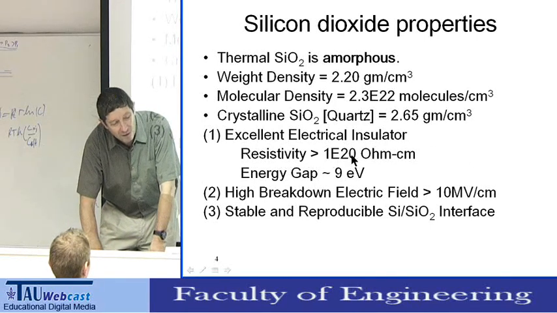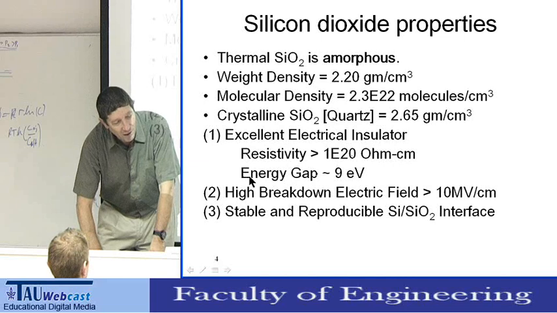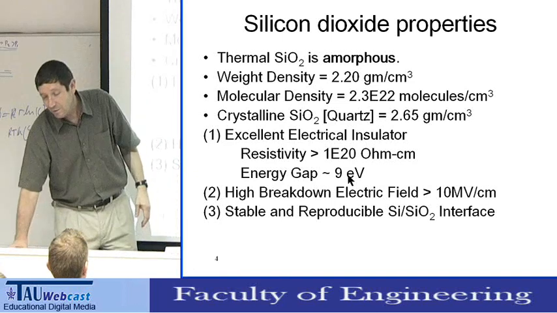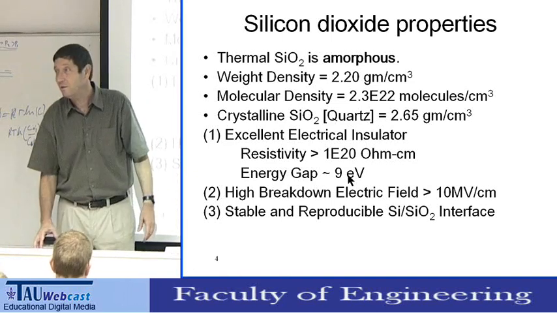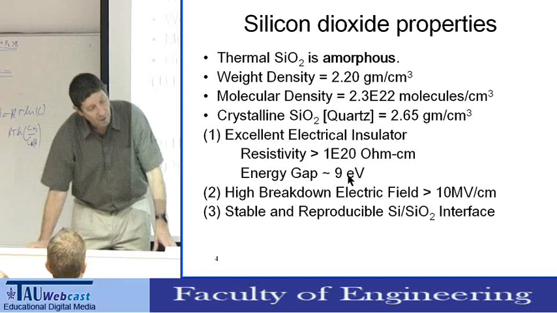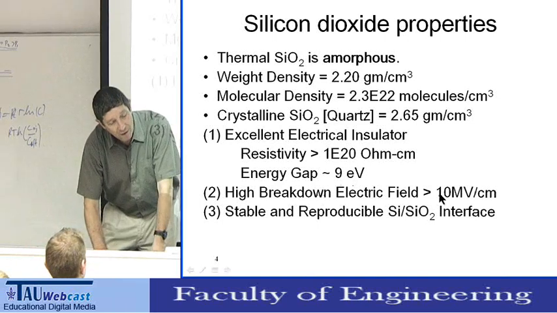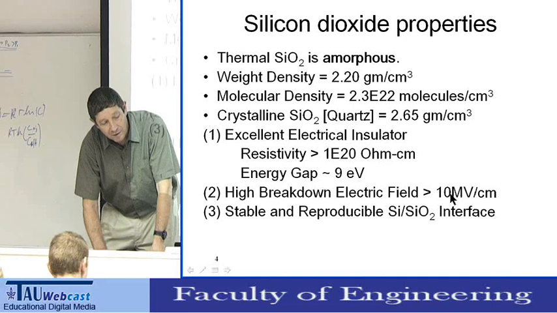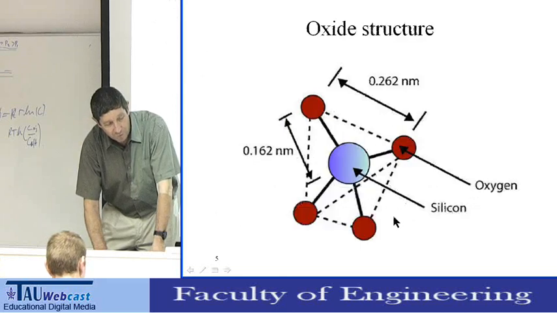The resistivity is large, and it has a very large energy gap of about 9 electron volt, which is one of the reasons it's transparent. And it has a high breakdown electric field, about 10 megavolt per centimeter, or 10 to the 7 volt per centimeter. It's a very stable structure.